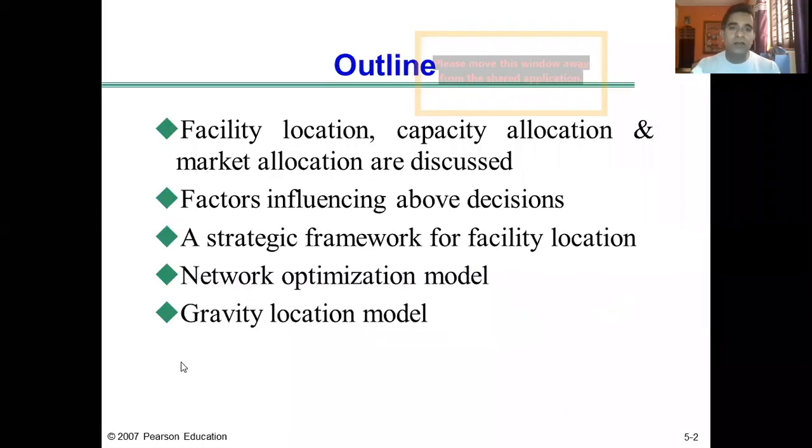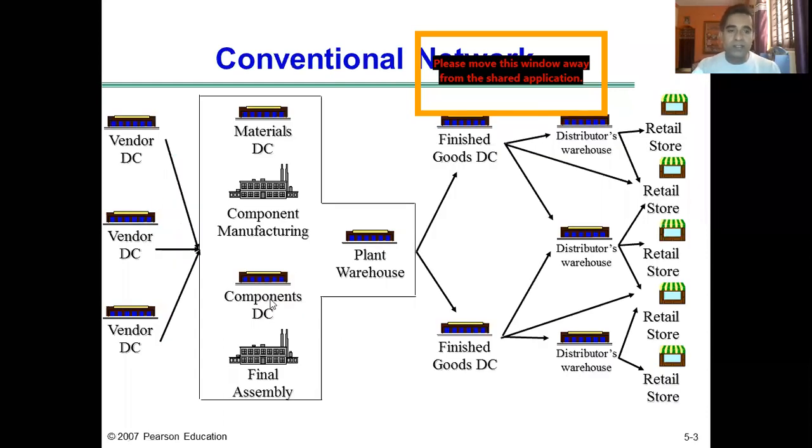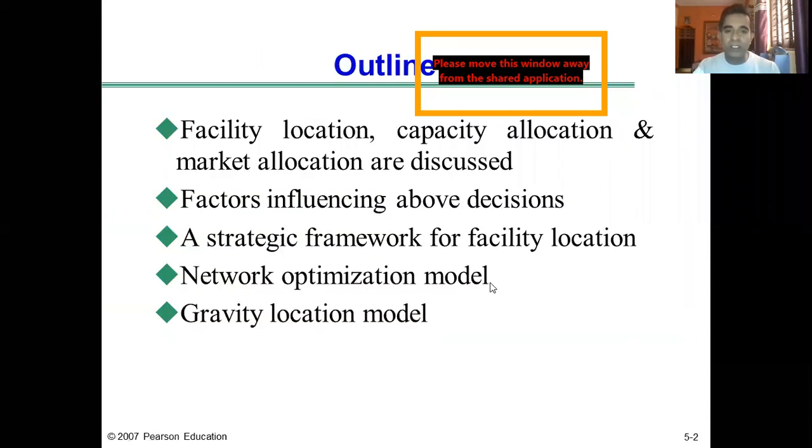So far we have learned facility location, capacity allocation, and market allocation, factors influencing the above decisions, and a strategic framework for facility location, and we were discussing the network optimization model. The illustration we learned till halfway. We're going to continue with the illustration of how to use the network optimization model.